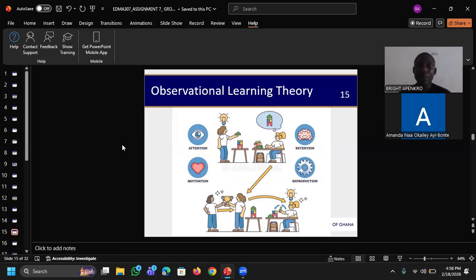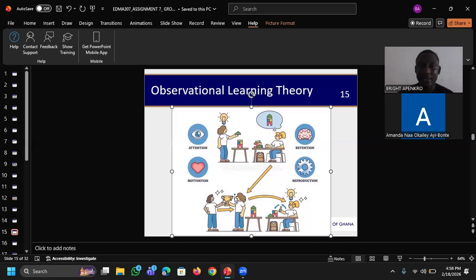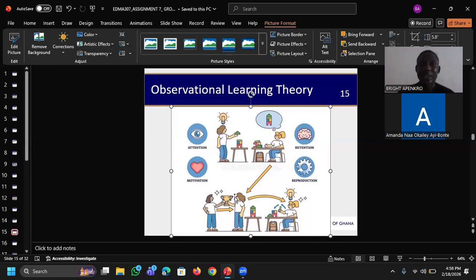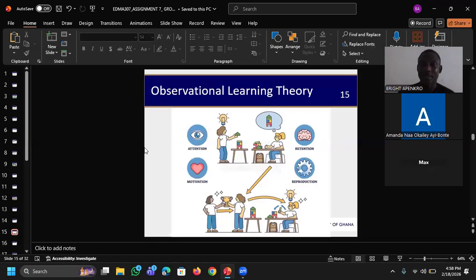When you see the picture down there, you see the two gentlemen, one is marching from up to down, and the other arrow is showing to the right-hand side. I think time will not permit me to explain the picture very well, but you can see and then interpret the meaning.